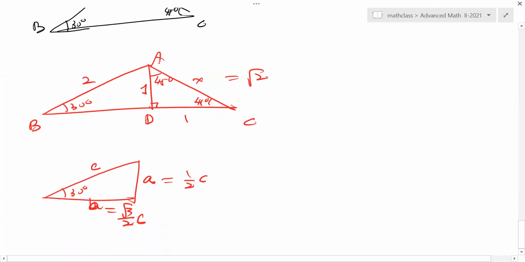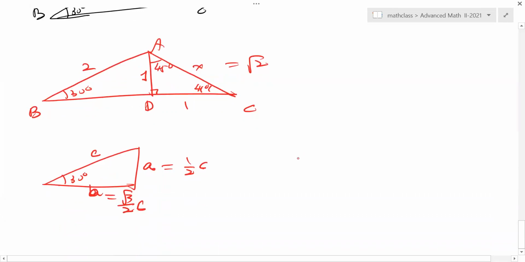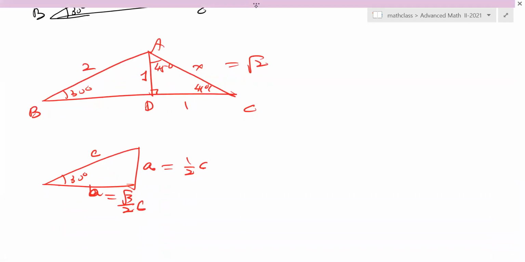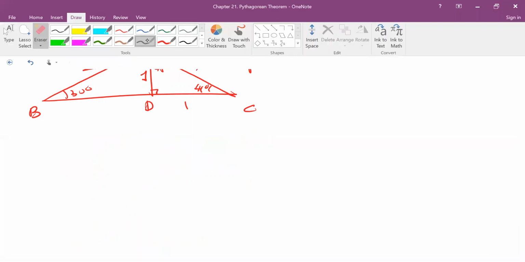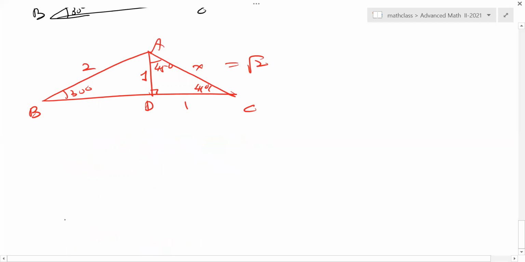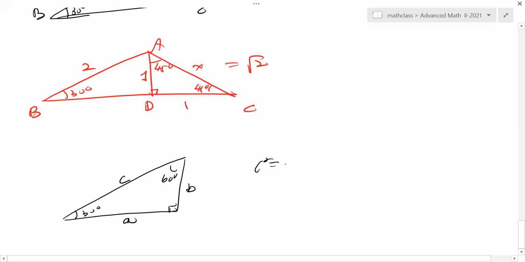Yeah. Okay, let me repeat again. If you have a special triangle, let me erase this and redraw the picture. All right, the special triangle. If this is 60 degrees, that's 30 degrees, and here's A, let's call this B, this A, that's C. Now, what's the relationship? Of course, C squared equals A squared plus B squared.